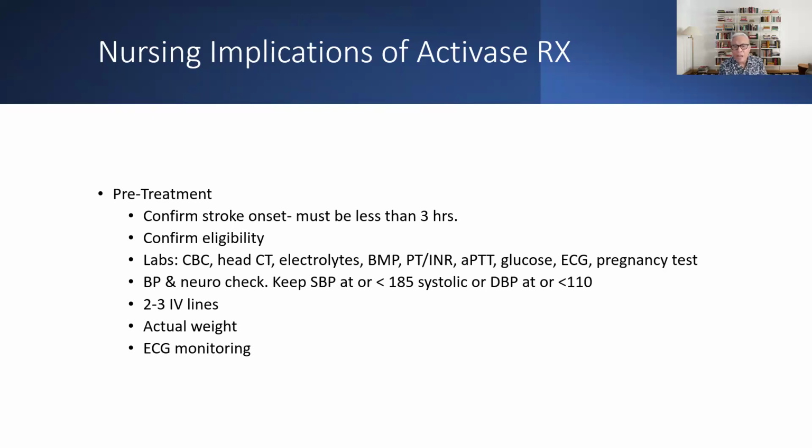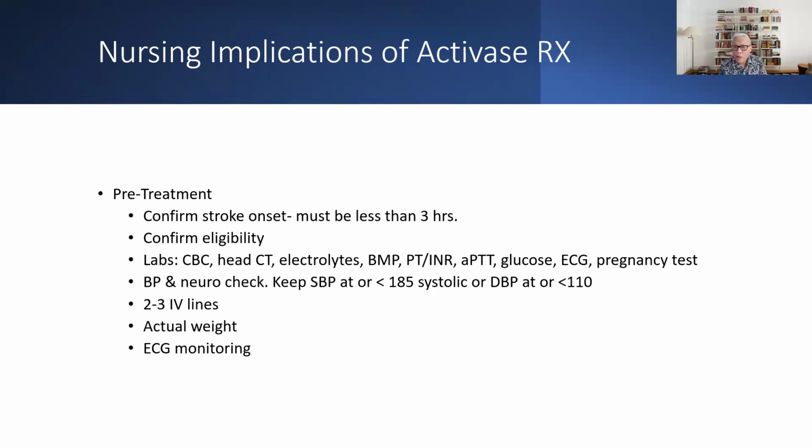Establish 2 to 3 IV lines. That's the minimum. I used to work in the emergency room, and we used to start at least 3 or 4 IV lines. The more, the better, because you don't ever know if one of them is going to blow or infiltrate.